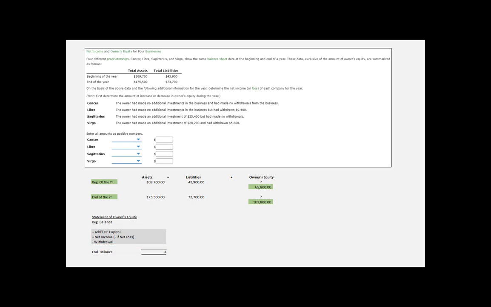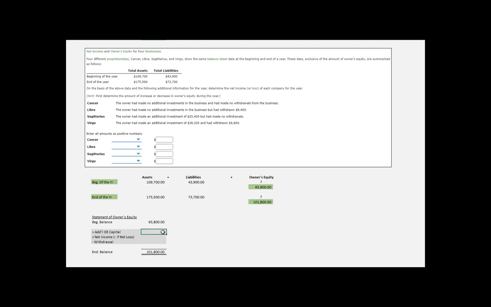Back to the exercise. So we had already calculated the owner's equity balance for the beginning of the year and for the end of the year. Use this information to populate. Beginning balance is here. It was already calculated before. So was the ending balance.